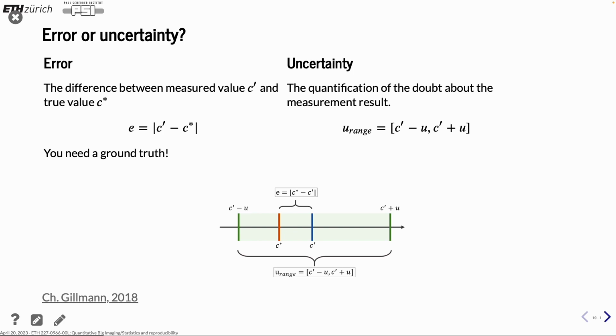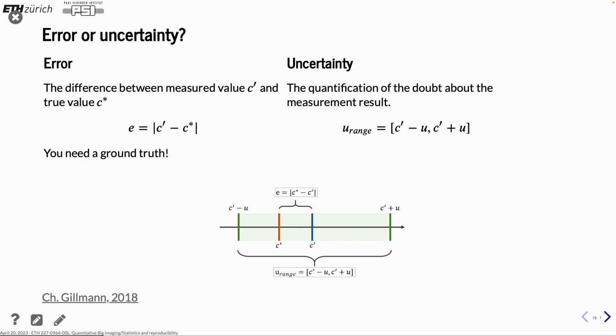It's easy to get the value, this absolute value, if you have some metric reference, so we actually have to go back to the international standard of the metrics, and then you can measure the error in an absolute sense. So you always need a ground truth to get the error.